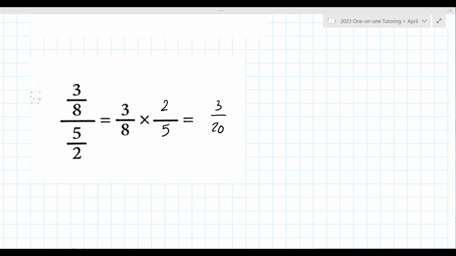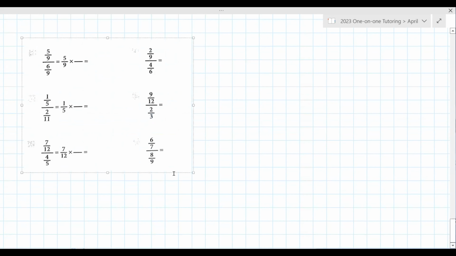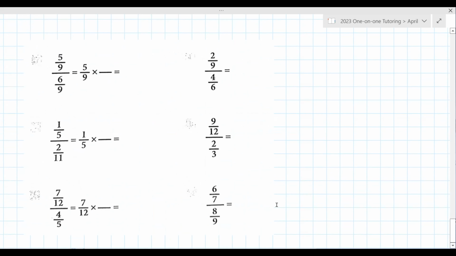How would that work? Should be 14 on the top, 15 on the bottom. Okay. Yeah, that's good. Go ahead and the next one you're doing is the 5/9 over 6/9.